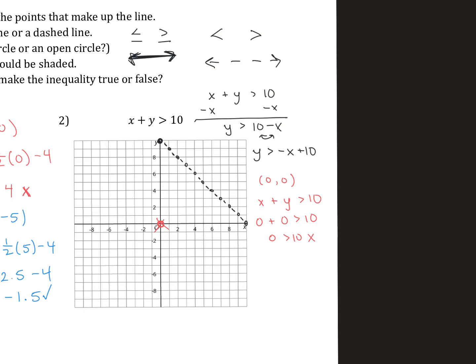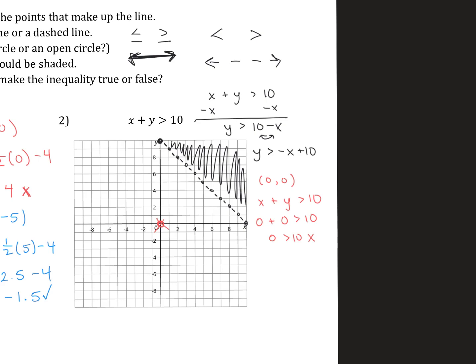I could keep checking points to see which part of the graph will have solutions, but really, if I know that 0, 0 is not a solution, that tells me that the other side of this line is where the solutions happen. So I can shade that part of the graph. So the line is kind of our boundary.